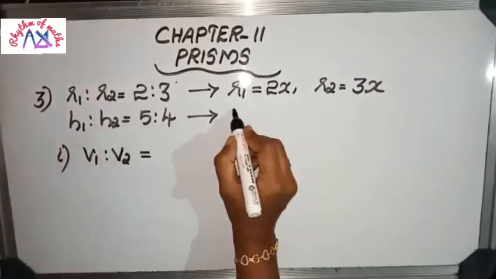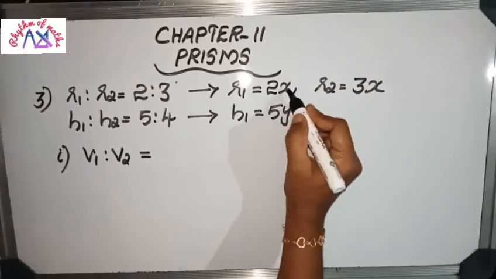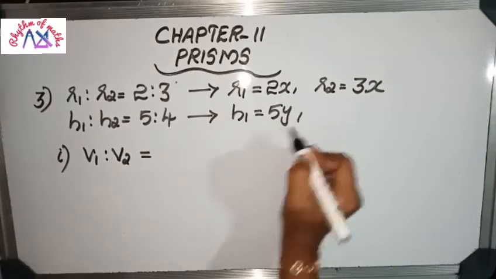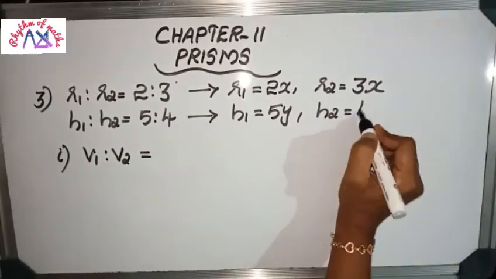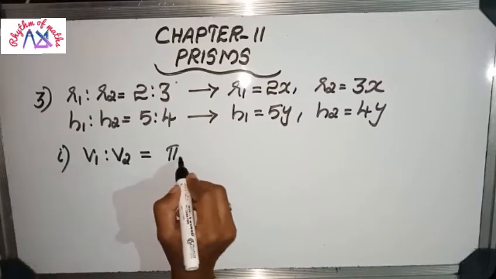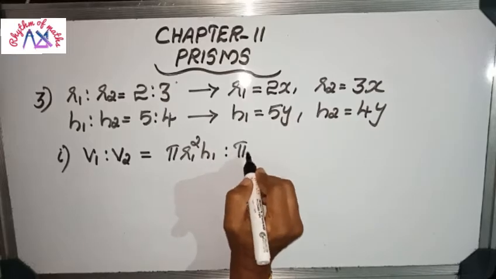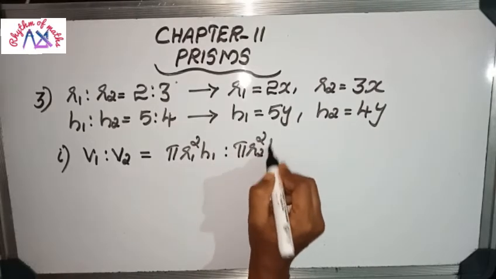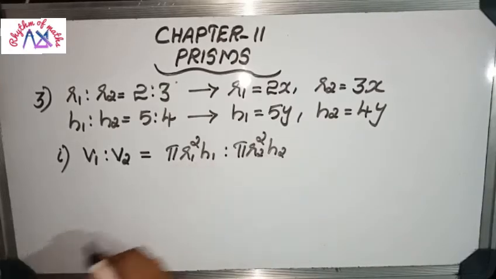Now here H1 equal to 5, so let's take 5y. Already x we took, that's why 5y. Next is H2. So H2 corresponding number is 4, so 4y. Okay, now let's apply the equation, that is pi r square h is to second cylinder also same pi r square h, r1 h1 just to denote the first cylinder and second cylinder.